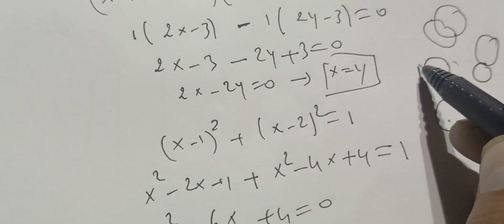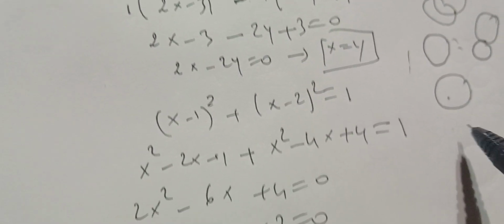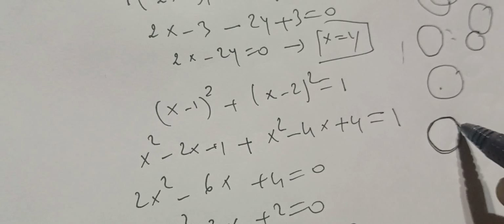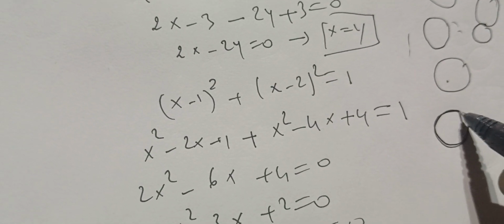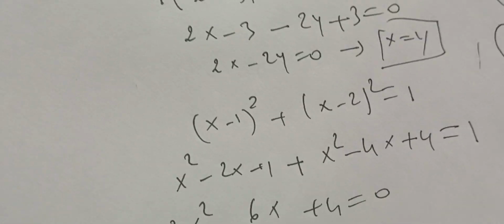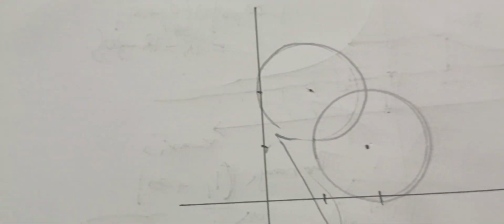They can have no points, they don't intersect, or they can have absolutely many points, infinitely many, when they are on top of each other.